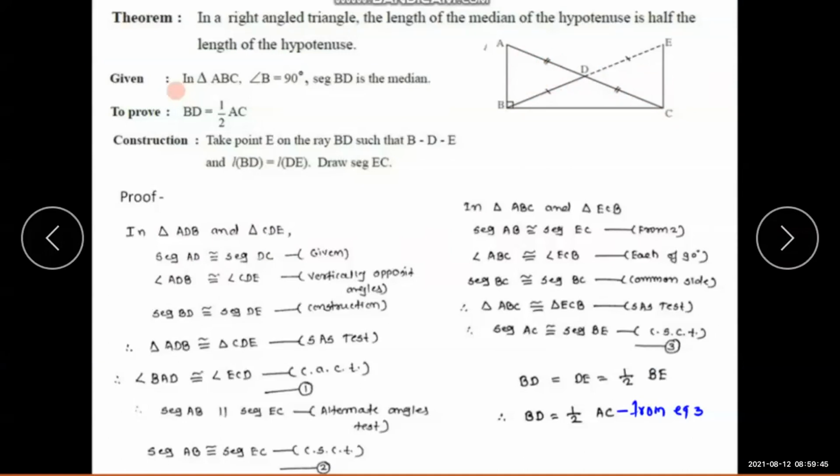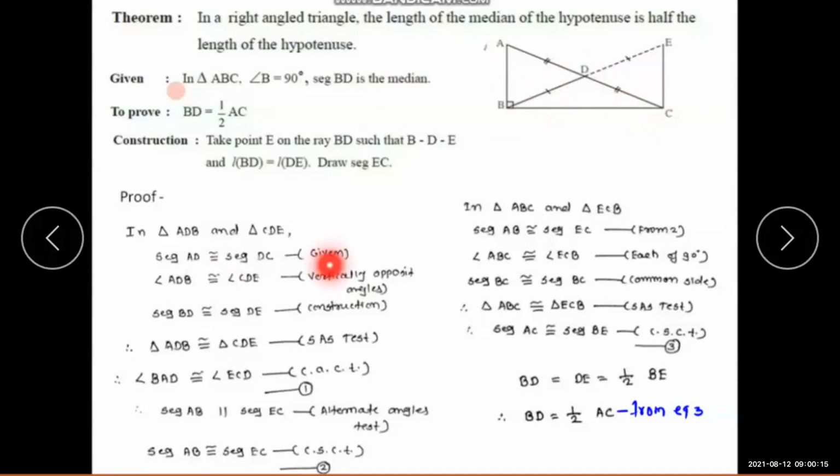So we can write segment AD congruent to segment DC, because we know that D is the midpoint of the hypotenuse. So the segments will be equal. That is given, as median means the segment joining the midpoint and the opposite vertex.